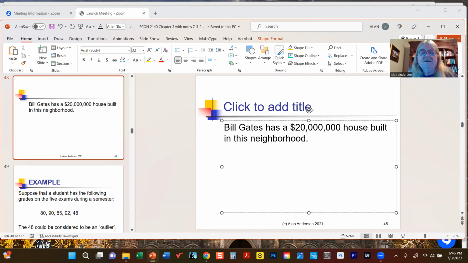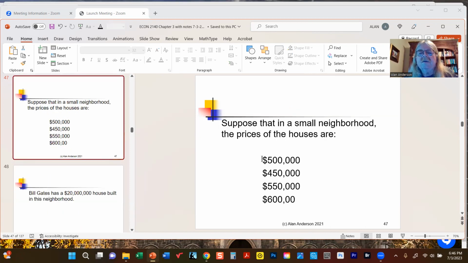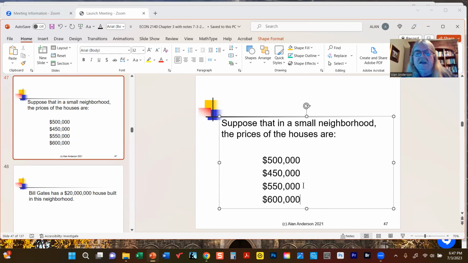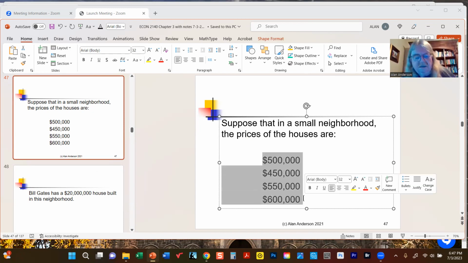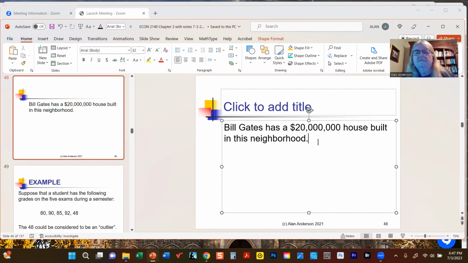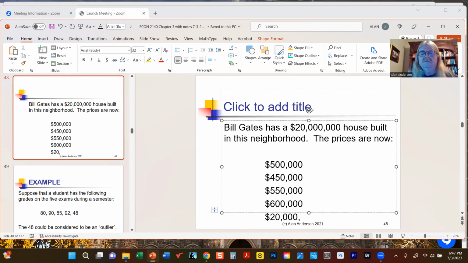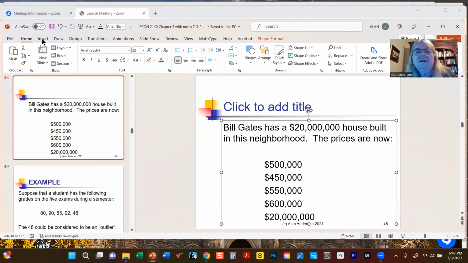Well, that means that our sample now consists of these values and the $20 million. So I think it's pretty clear that that's an outlier, right?